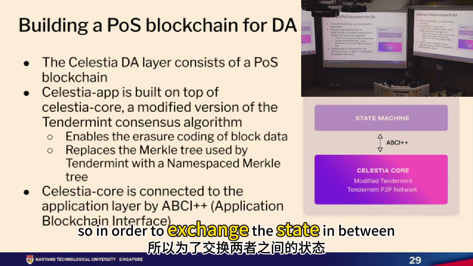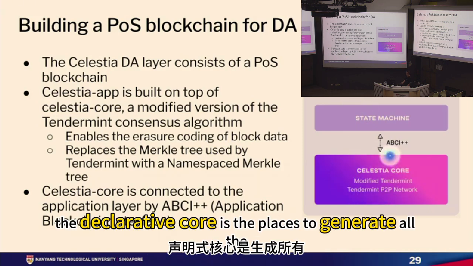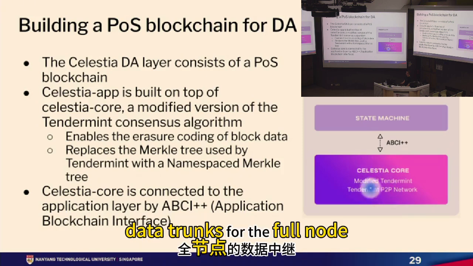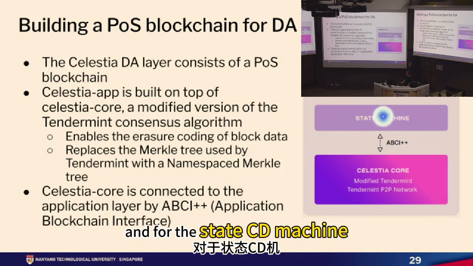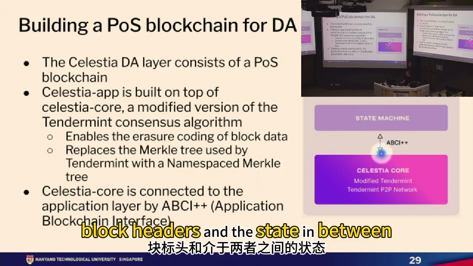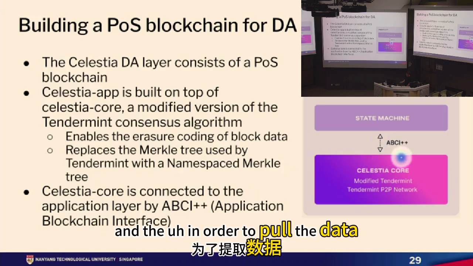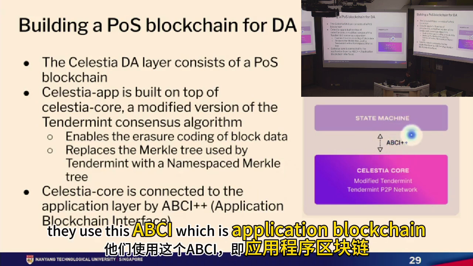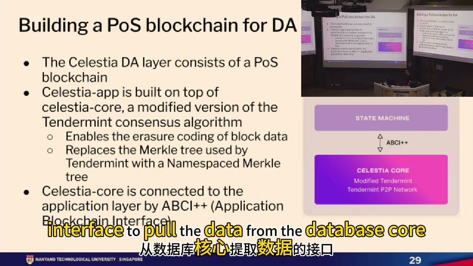Because the Celestia core is the place that generates all the data chunks for the full node, in order to exchange the state in between, the state machine pulls all the block headers and the state. And in order to pull the data, they use this ABCI, which is the Application Blockchain Interface, to pull the data from the Celestia core.